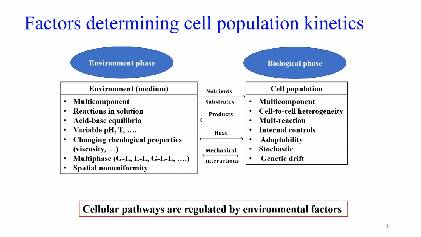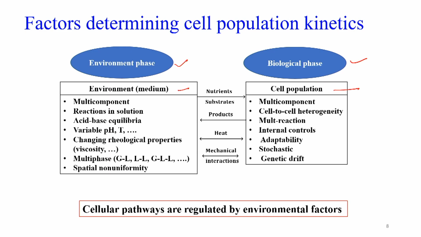Let us say this is the biological phase and this is the environment. Biological phase means the cell population, and the environment is, let us say, the growth medium. What are the interactions among them? It is very interesting to see.